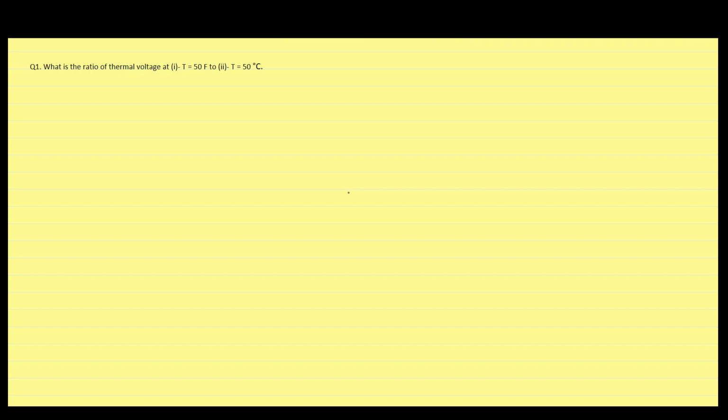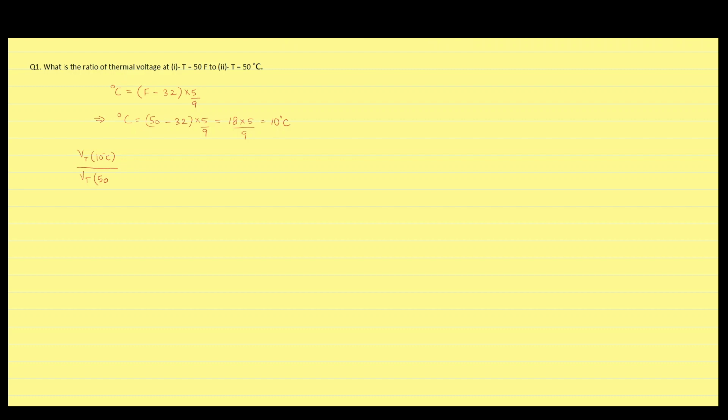We have the formula for converting Fahrenheit into degrees Celsius, and converting 50 Fahrenheit into degrees Celsius, we will get 10 degrees Celsius.